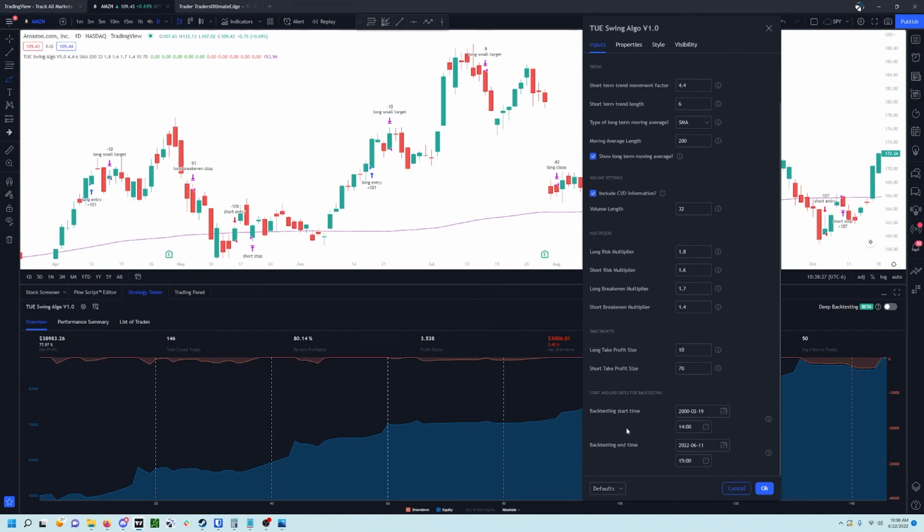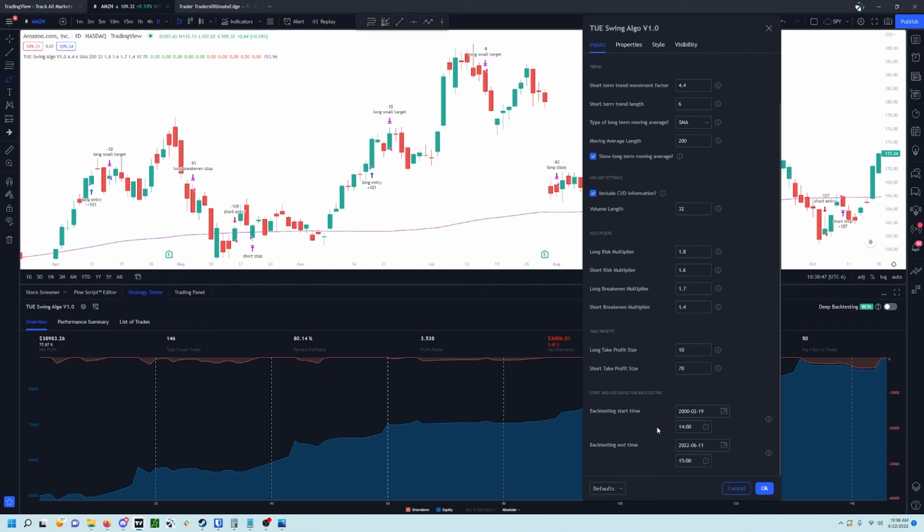Oh, and lastly, I'll state the backtesting start and end time. What you want to do is set these to dates that are relevant for your stock. So if you were backtesting AMD, for example, AMD didn't really start to trade hot until 2018. So you would change this to about 2018.